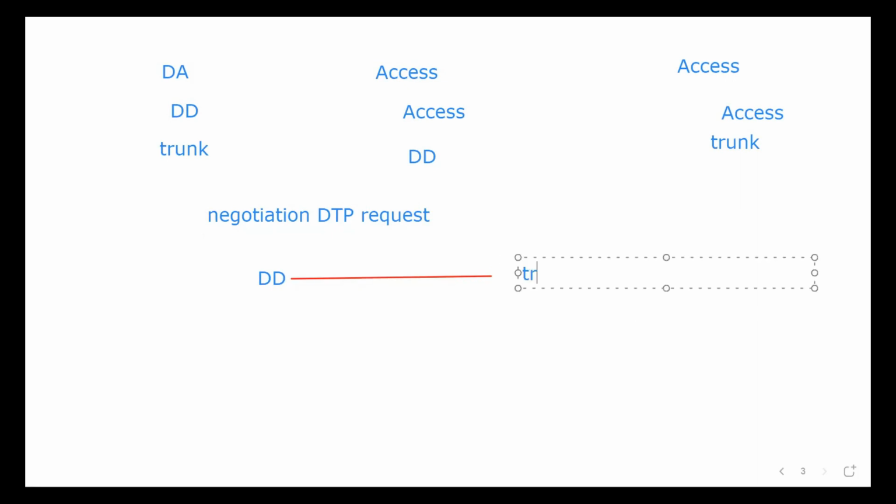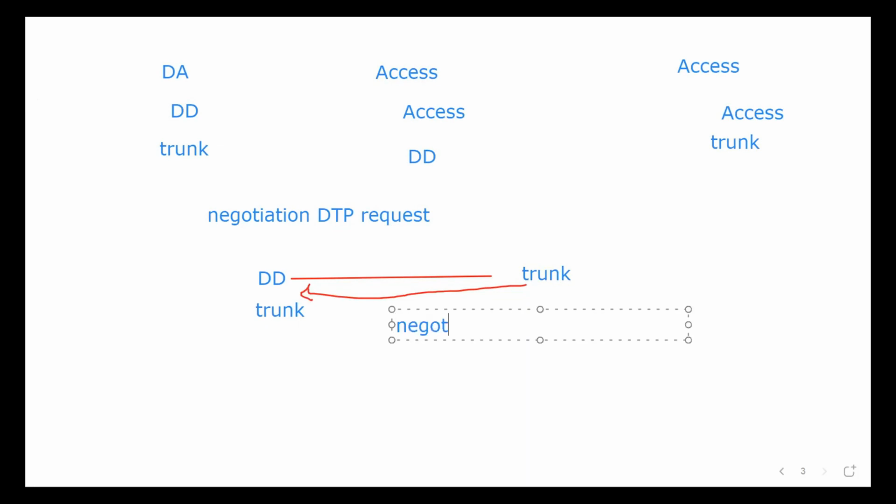It will convert to trunk, and the trunk sends DTP to dynamic desirable mode. It will also create a trunk. Okay. Negotiation will accept making the trunk. Yes, accepting here to make trunk.